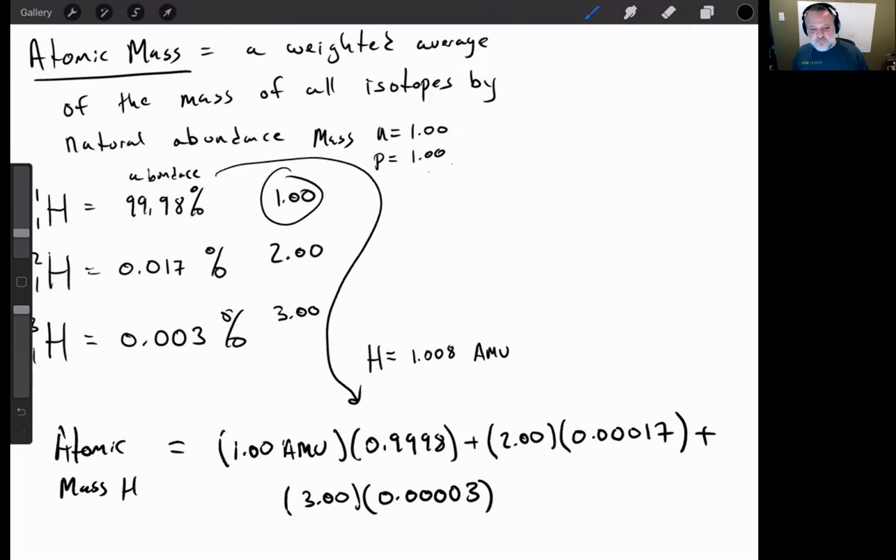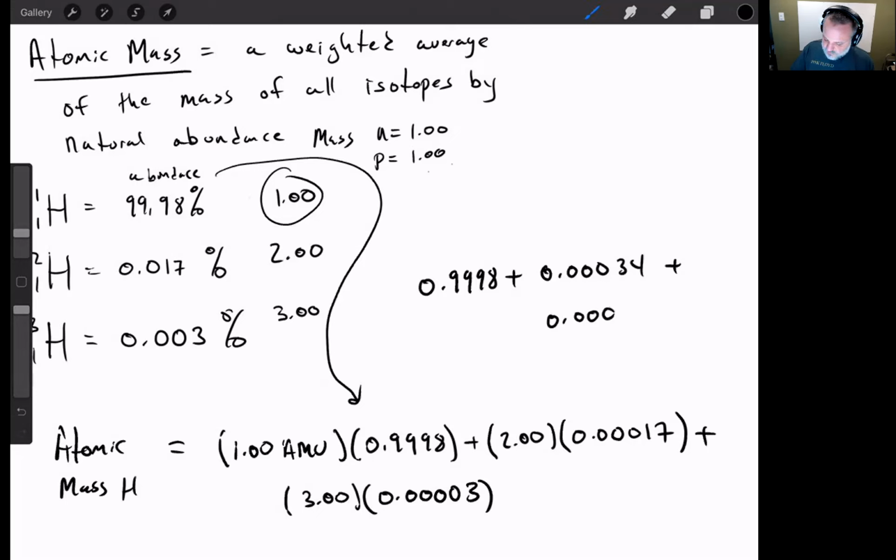And so if we do that, what do we get for the first term? 1 times 0.9998, and we get 0.9998, plus the next term, 2 times 0.00017, we get 0.00034, plus 3 times the next term, 0.00003, and we get 0.00009.